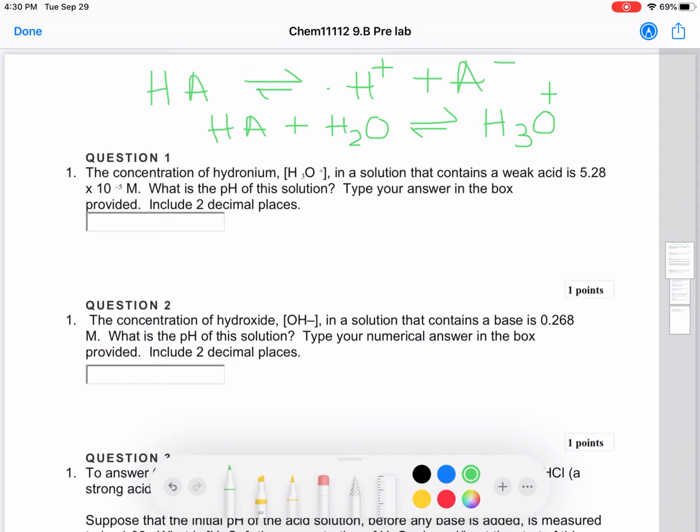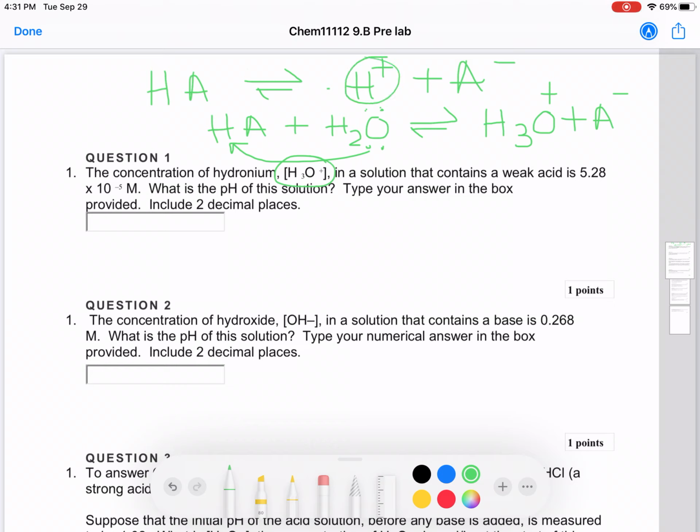The water molecule has these lone pairs. It'll go and take this hydrogen and form hydronium ion, and then you have the conjugate base of the acid, A minus. So that's why you would see hydronium ion concentration written in place of H+.